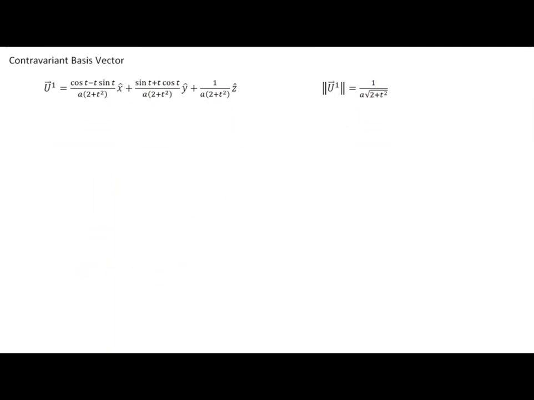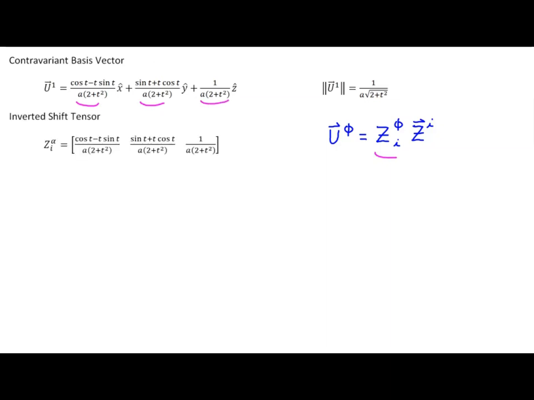To find the inverse shift tensor, we'll refer to this expression and just reverse engineer it. If our contravariant basis vector is equal to this linear combination, then these factors must be the vector components of each of these terms. That means our inverse shift tensor is made up of these components.